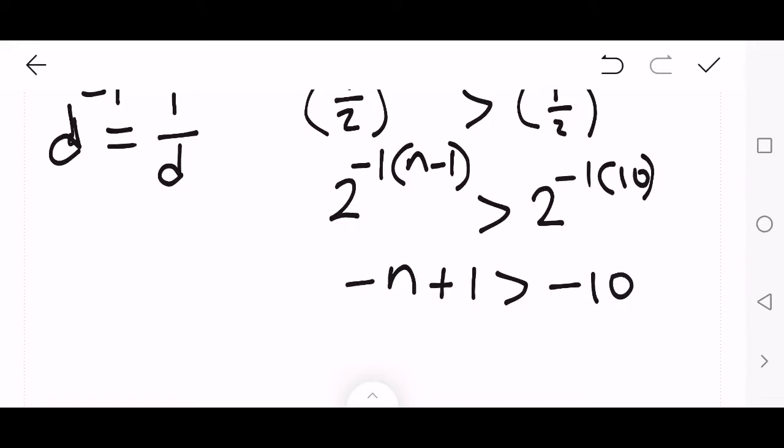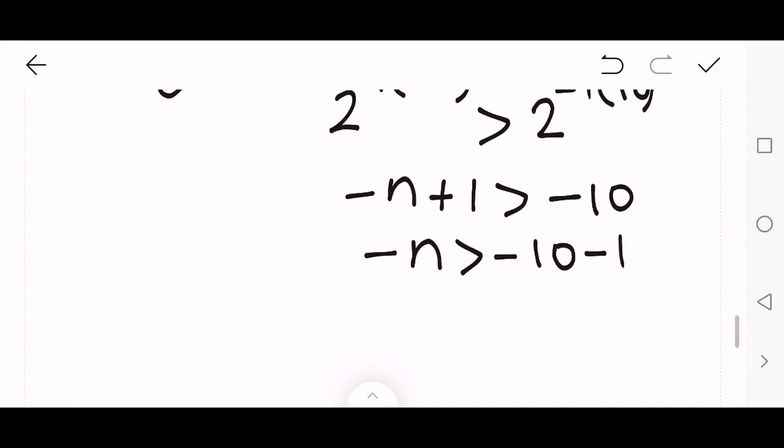So we can take 1 to the right hand side, so we have minus n is greater than minus 10 minus 1. So minus n is greater than minus 11.